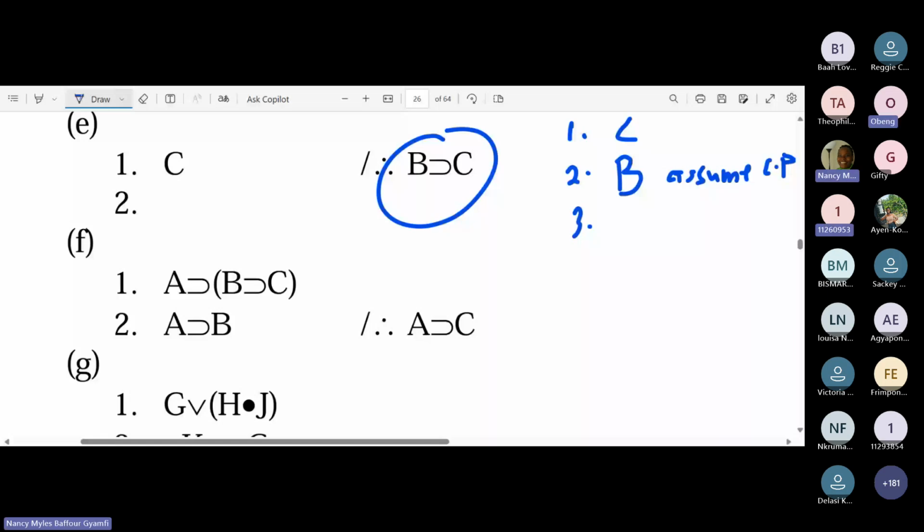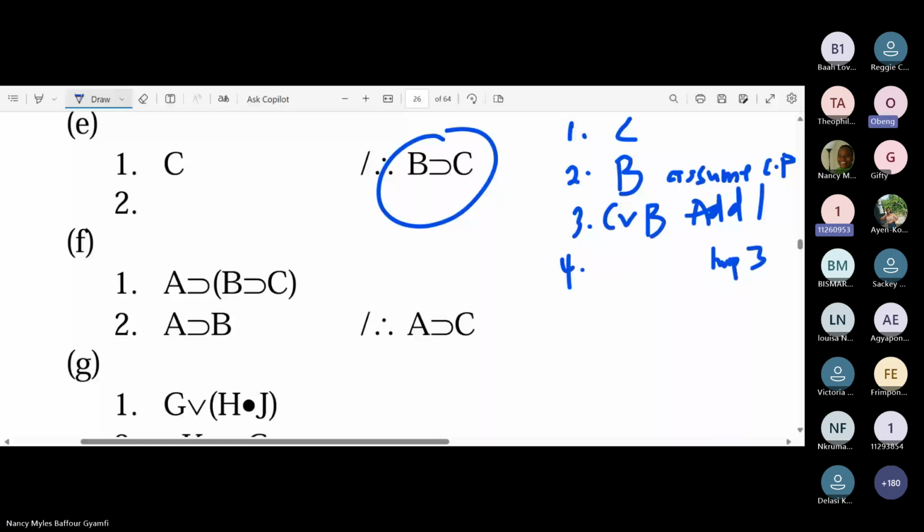So it will become C disjunction B. Yes, that is line four. And then for the fifth one, I will use material implication on the three. Actually, not even before that, I think I can do commutation on three.